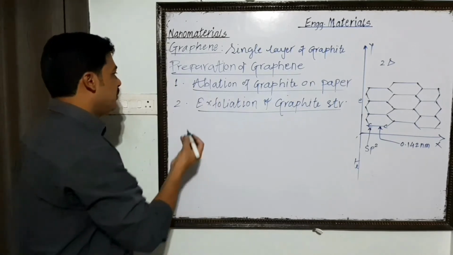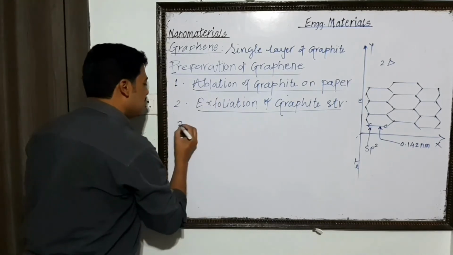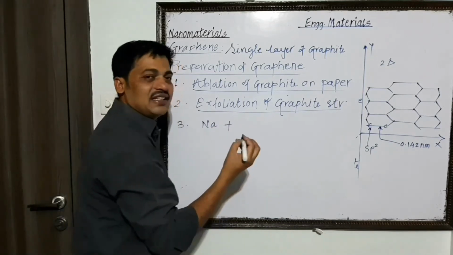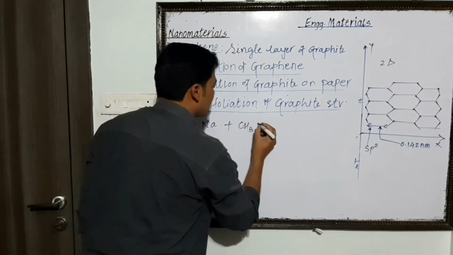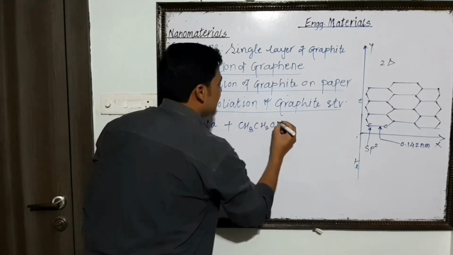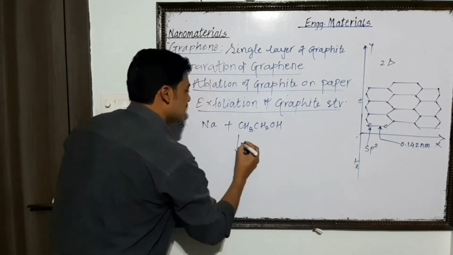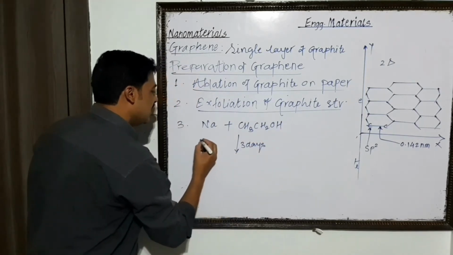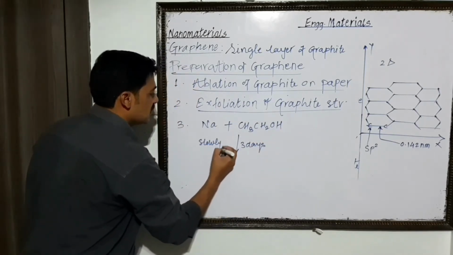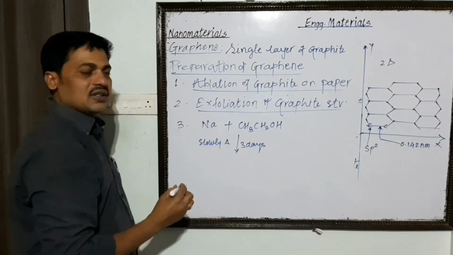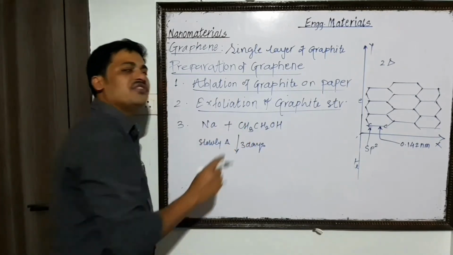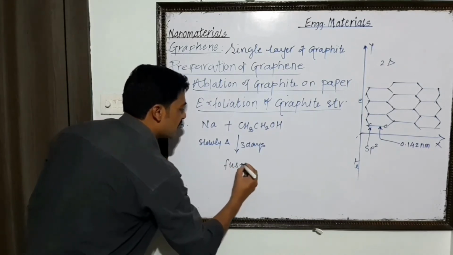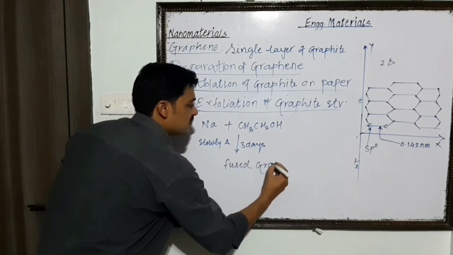The third method of preparation of graphene is treating sodium metal with ethanol. While treating with ethanol for 3 days, it is slowly heated, and we get a fused graphene structure.